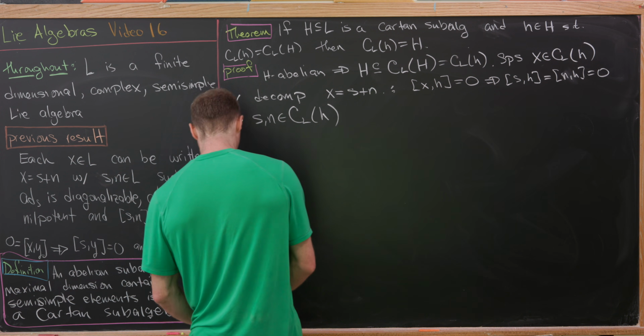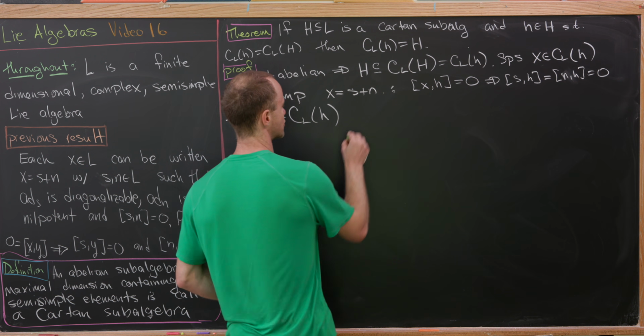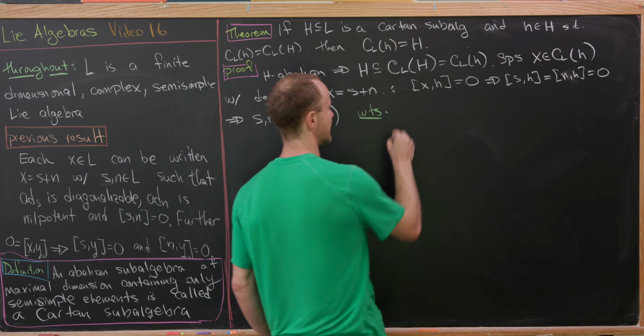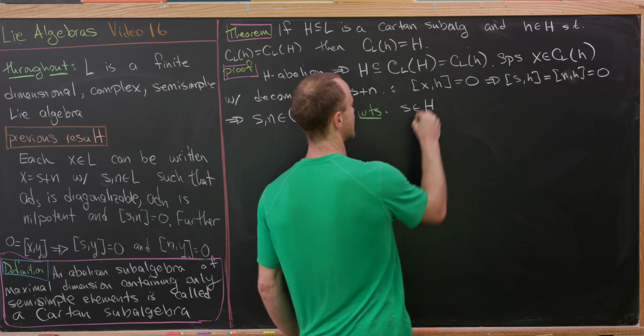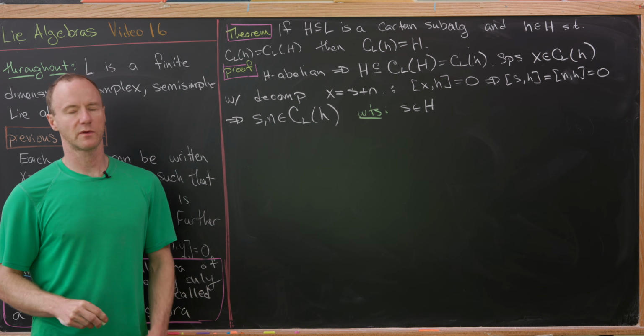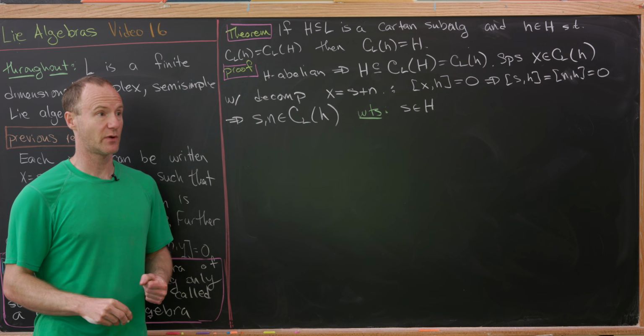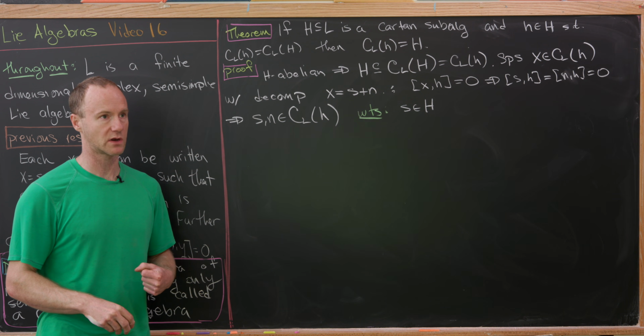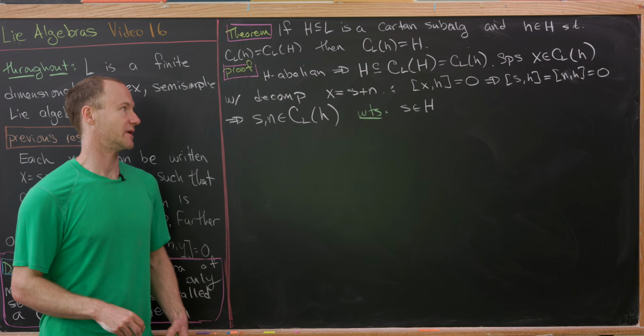And now let's quickly point out where we're trying to go. What we'd like to show here is that S is in H. Well, remember that S is the semi-simple part and capital H, the Cartan subalgebra, is made up of only semi-simple elements.